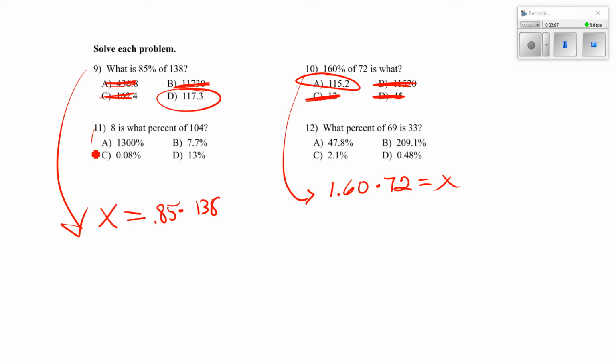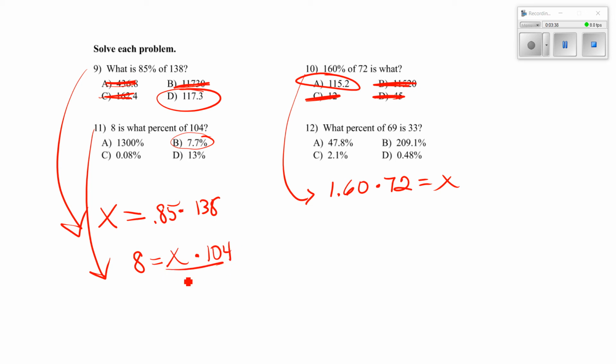All right, number 11, again, 8 is what percent of 104? Well, if I was talking about what percent, let's see, 10% of 104 would be 10.4. So 8 would be a little smaller than 10%, so I would probably guess B. But let's do that mathematically. 8 equals what percent of 104.